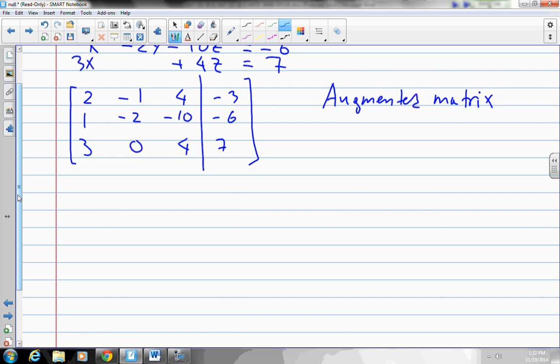Now, there are 3 legal things that you can do to a matrix right now. Those are the exact things we were doing when solving systems. I can rearrange, by the way, these are called rows, and these are called columns. Is that okay? Just making sure we're on the same page.